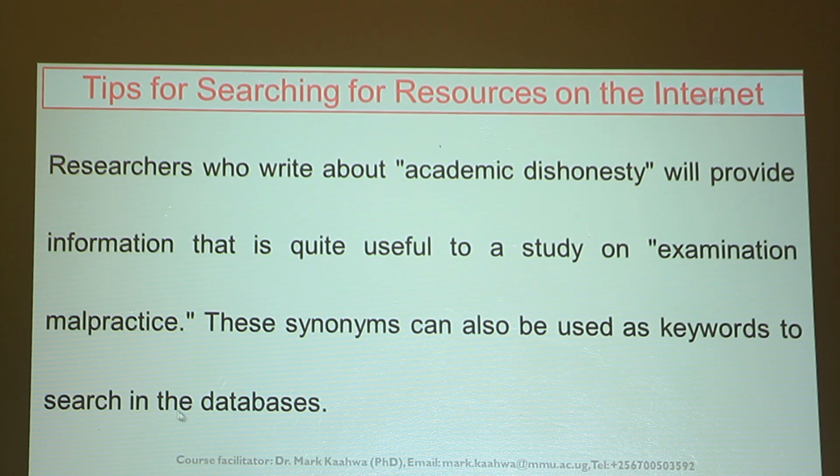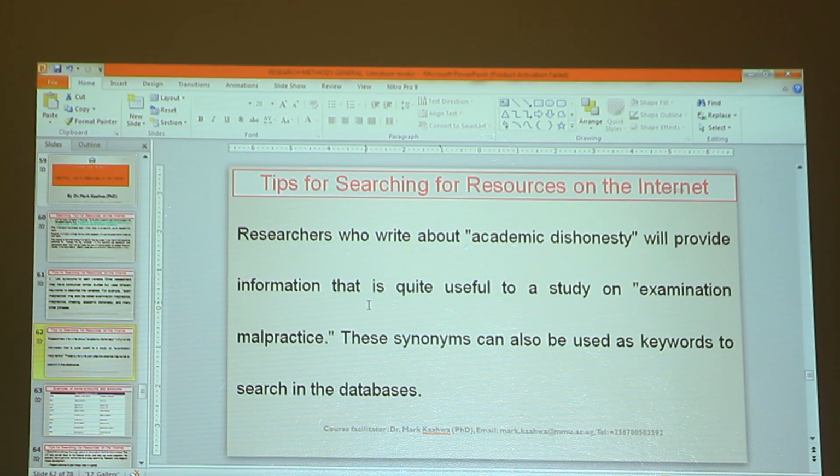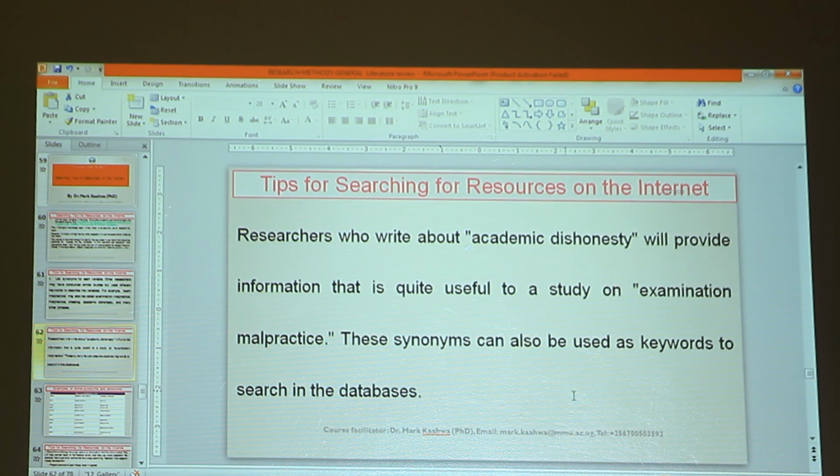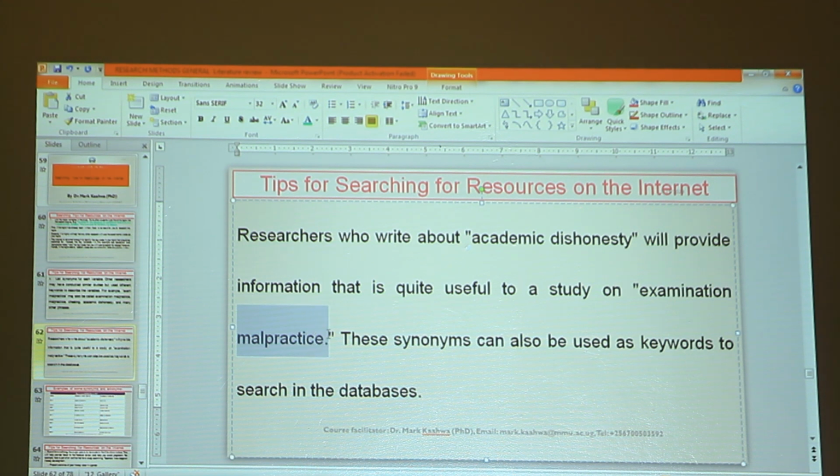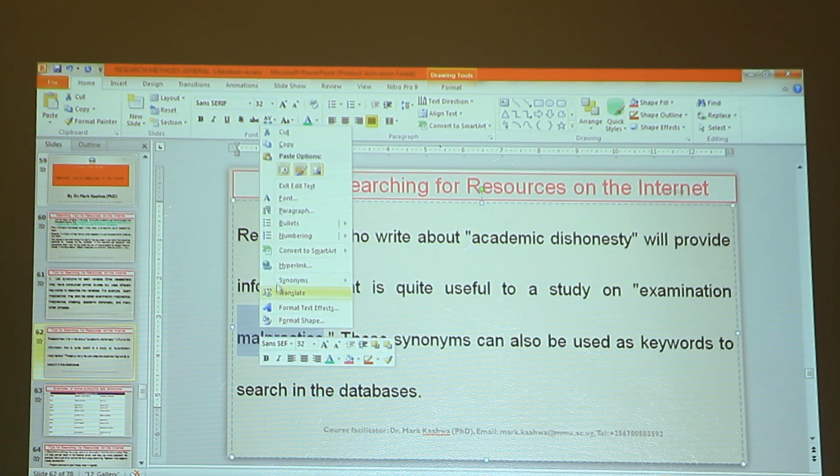And you can check for the synonyms. Depending on the variable you have, you can first check for them online. For example, if I wanted the synonym of academic dishonesty, or of examination malpractice, or just of malpractice, what I can do is highlight it, then right click, then go to synonyms.